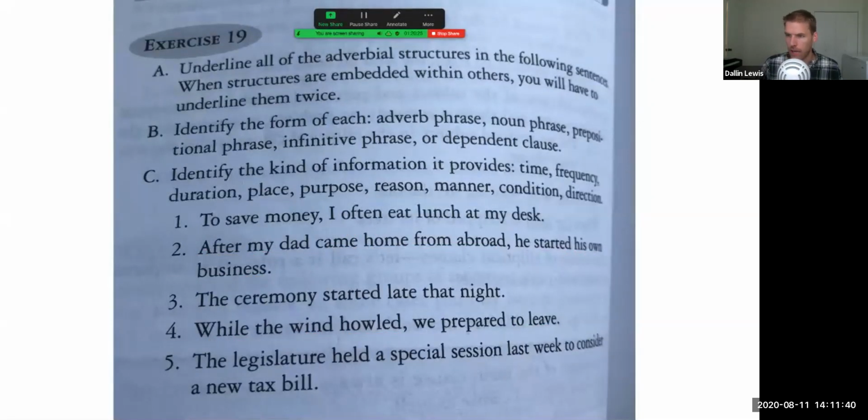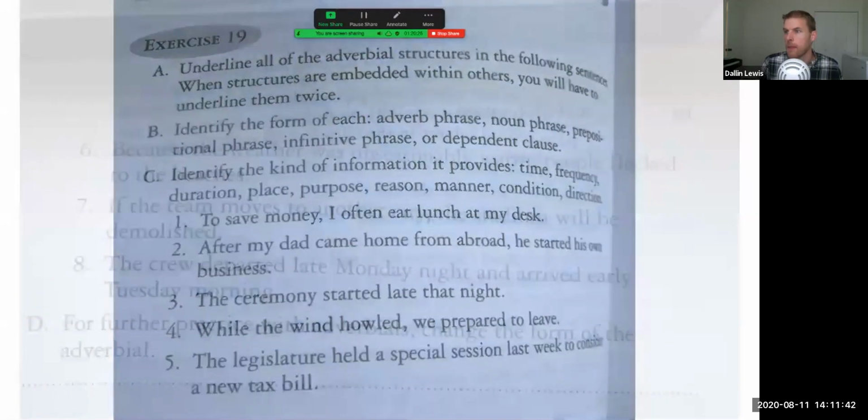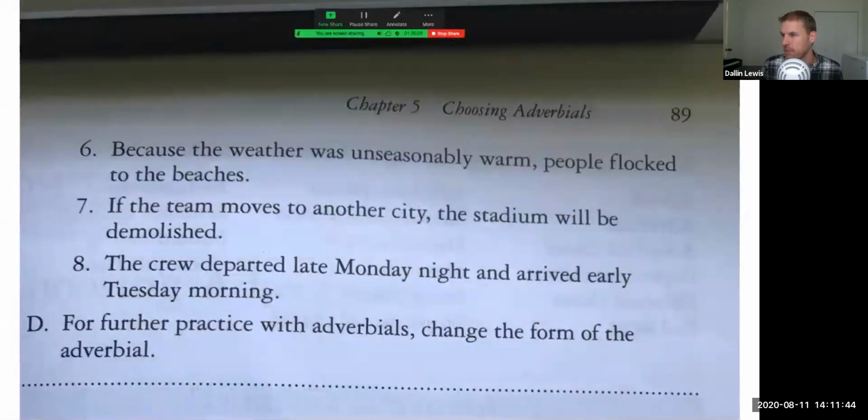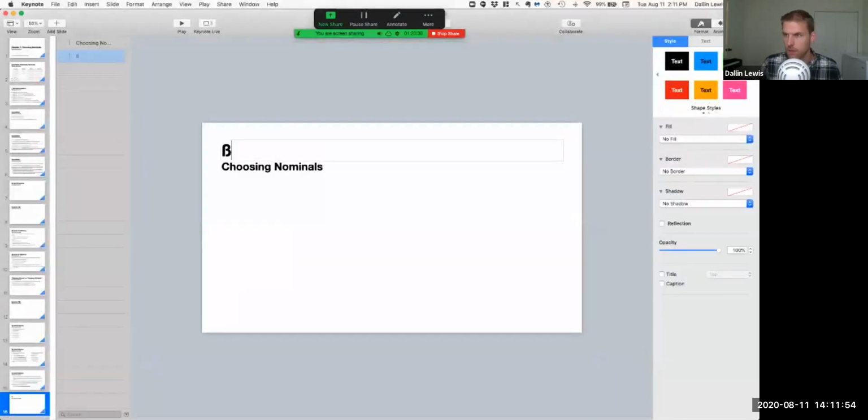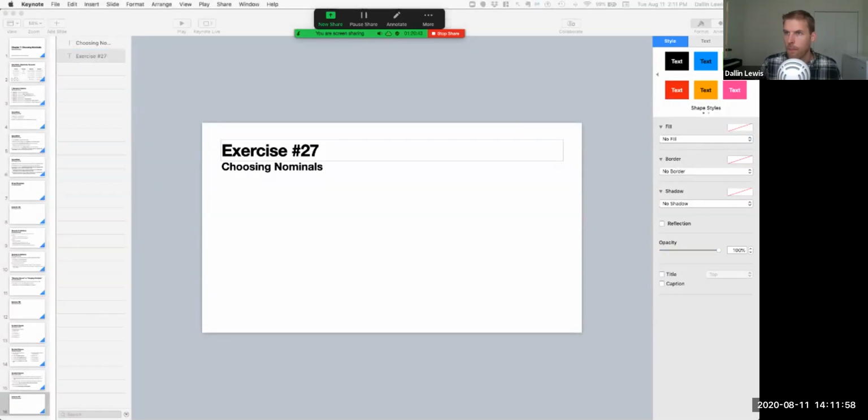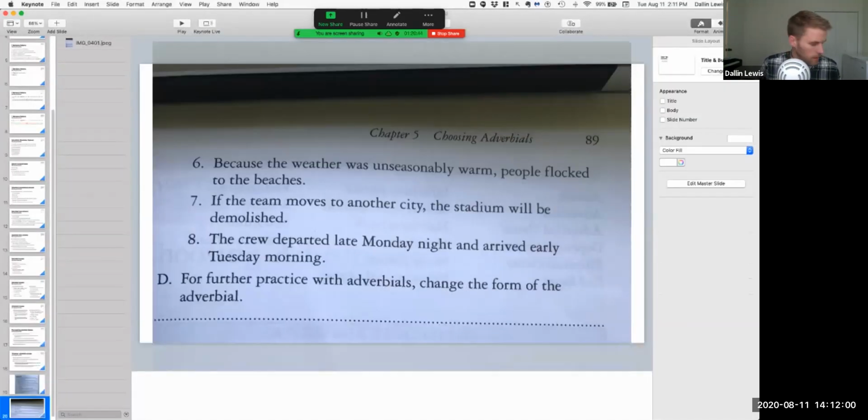All right, let's look at number 6 on the next slide. Because the weather was unseasonably warm, people flocked to the beaches. Now, we have to be careful. We have to here, which we might think is part of the, oh, I'm not sure what happened there. I think I hit the wrong key.